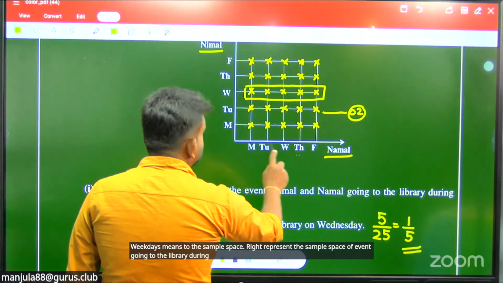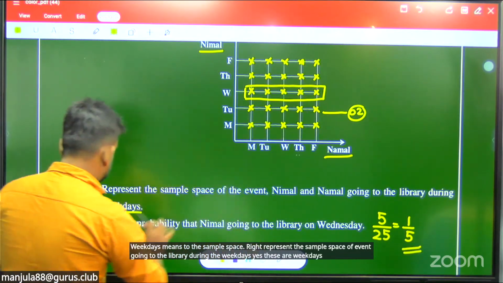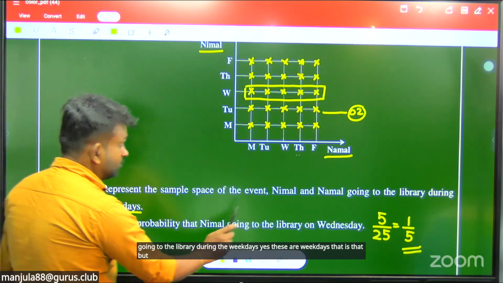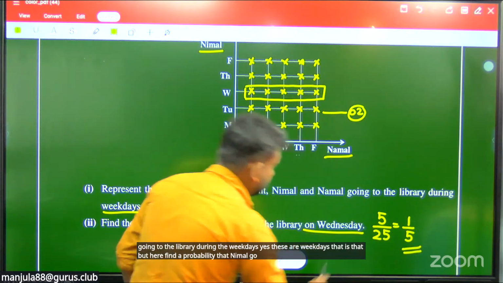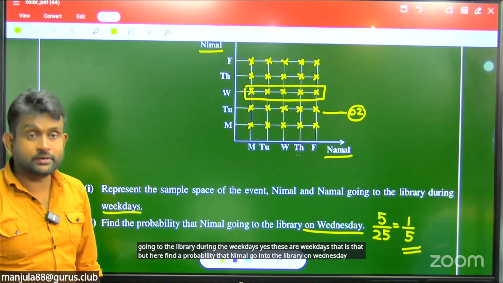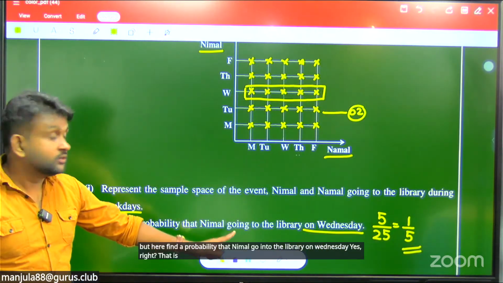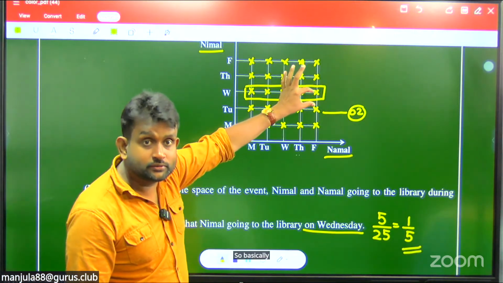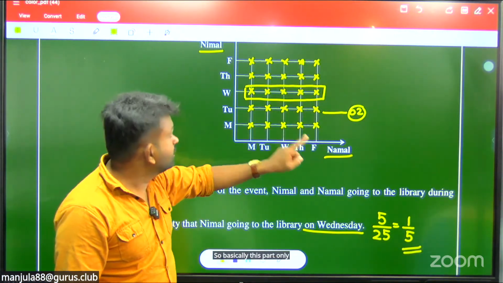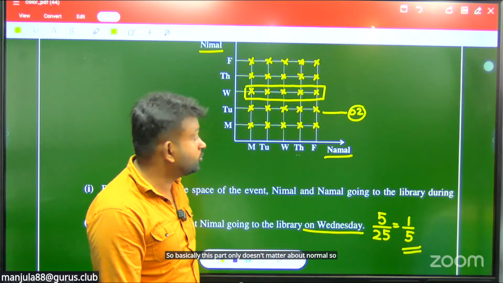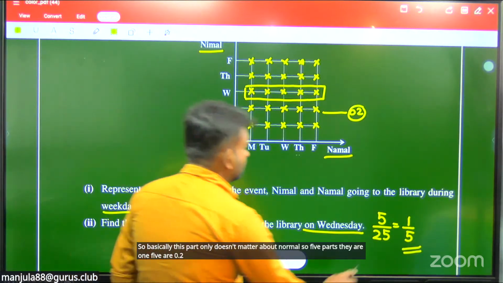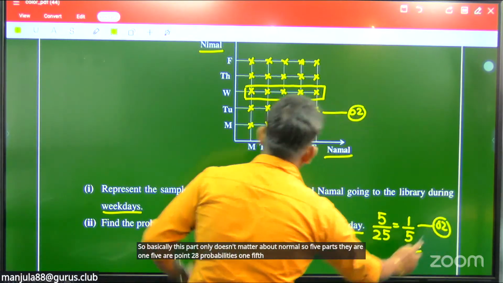The weekdays belong to the top part, meaning the sample space. But here, find the probability that Nimal goes to the library on Wednesday. That is only this part, and it doesn't matter about Namal. So there are 5 points, 5 upon 25, and the probability is 1/5. So you have 2 marks there.